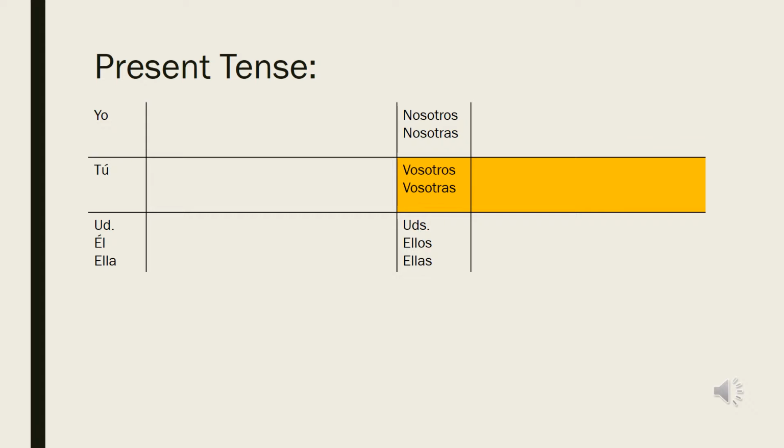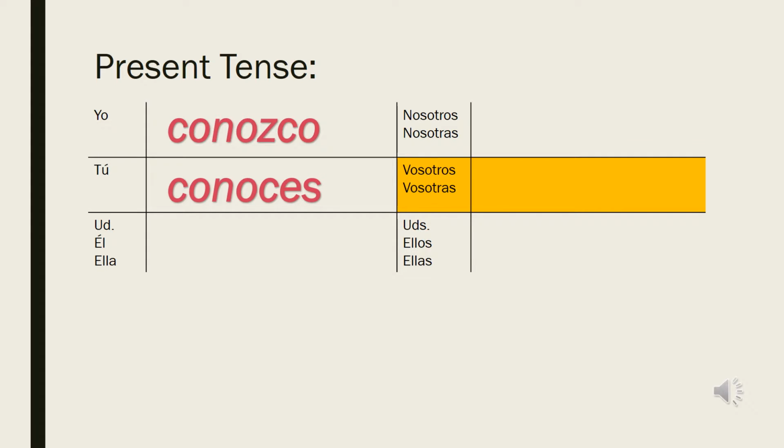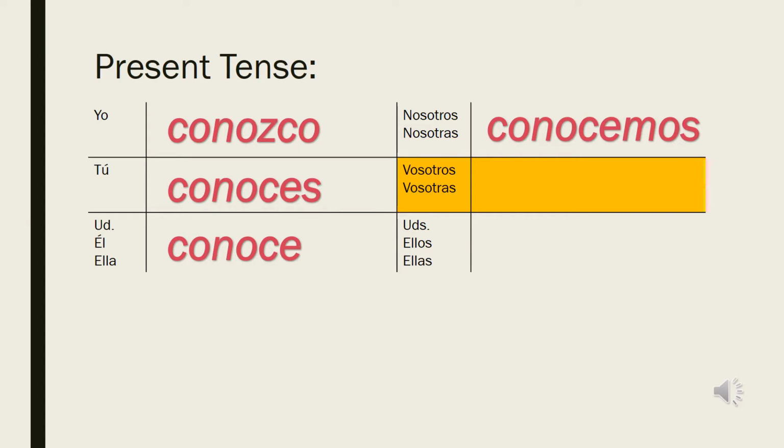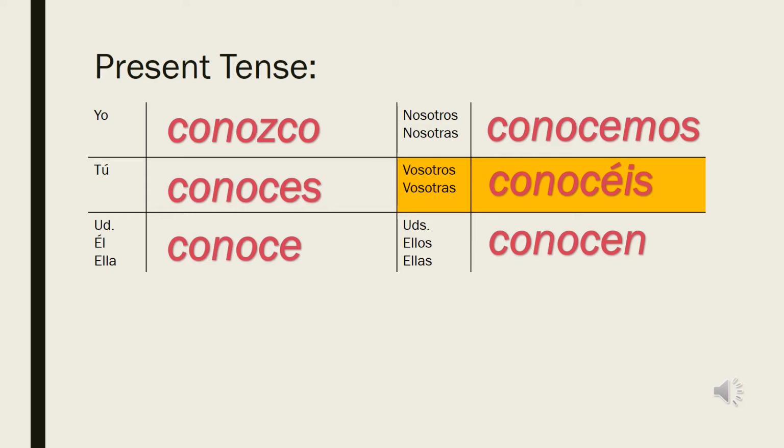So my present tense forms of conocer are yo conozco, tú conoces, usted, él, ella conoce, nosotros conocemos, vosotros conocéis, ustedes, ellos, ellas conocen. Couple things. Vosotros is just there so you recognize it. You're not going to be tested or quizzed on it. And then make sure that you circle or highlight the yo form because the yo form in this is irregular. It adds a z into it.